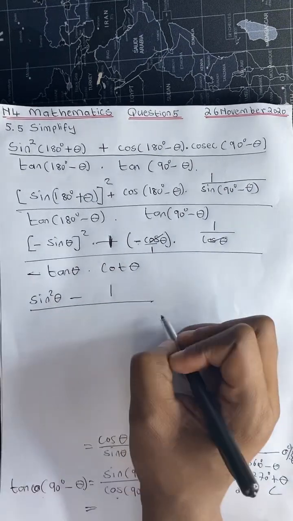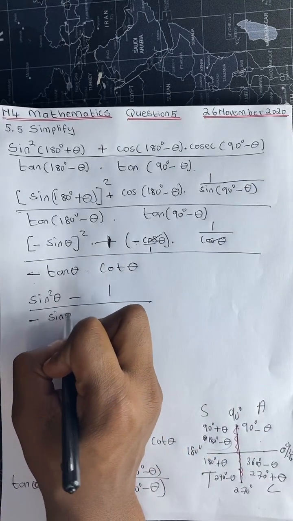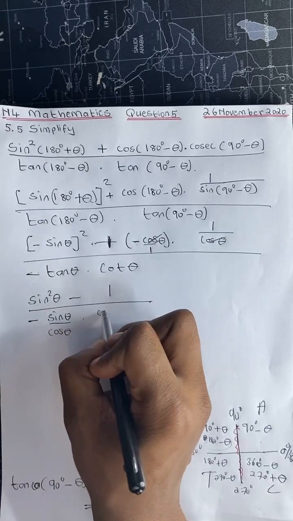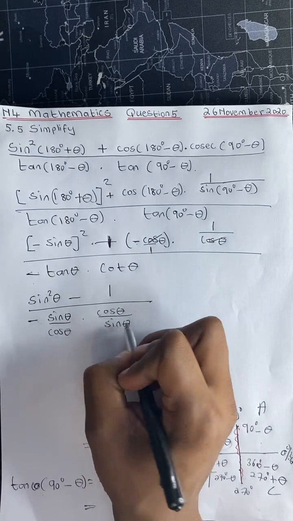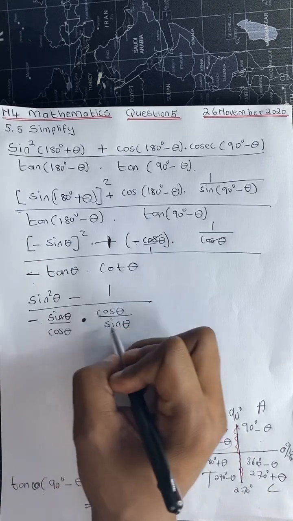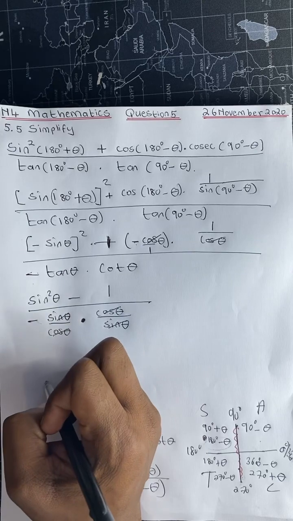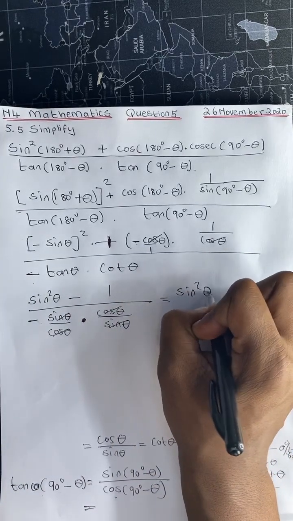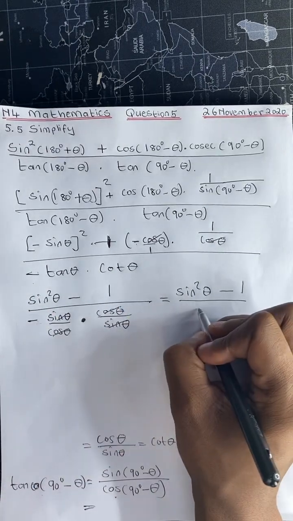So here we have negative, so tan is equal to sin theta over cos theta, and cot is equal to cos theta over sin theta. So this will cancel because there is a multiplication between these two. They will cancel out each other, so that cos theta will also cancel out with that cos theta, and we'll be left with sin squared theta minus 1 over that negative 1.